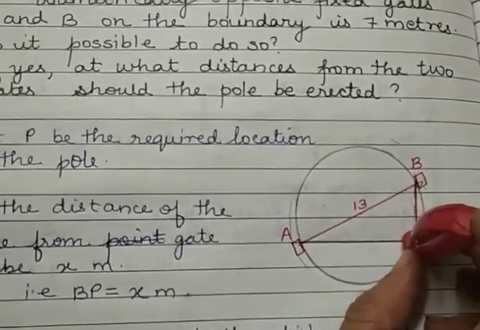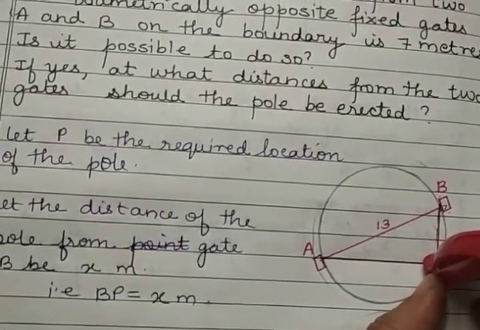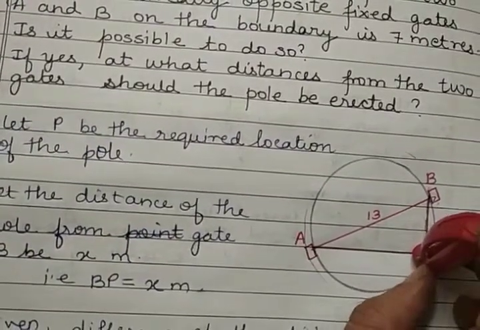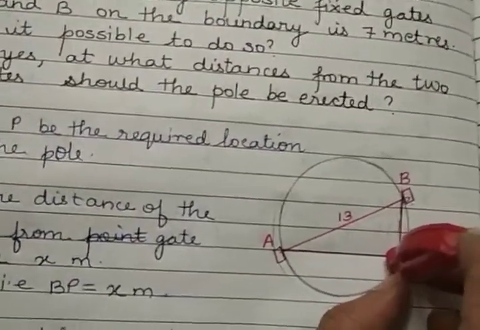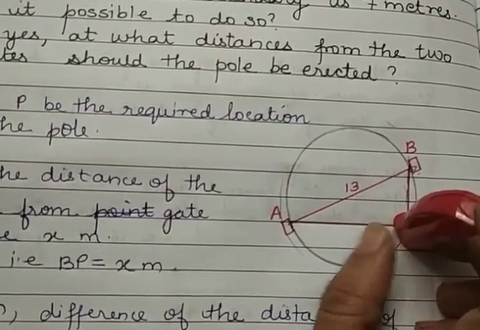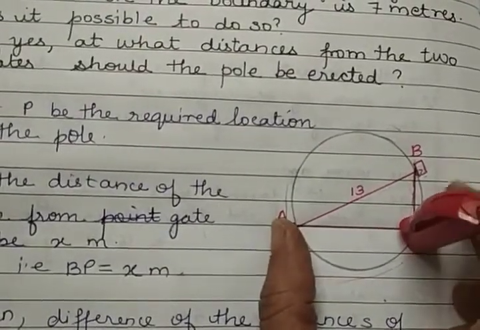This is how you have to erect the pole. Now first you have to find out whether it is possible to erect such a pole. If it is possible, at what distances from the two gates should the pole be erected? So if such a situation is possible, then what should be the distance of the pole from gate A and gate B?